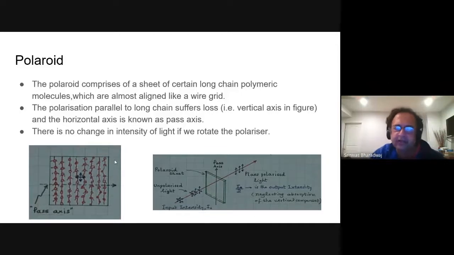On one side of the sheet, you have unpolarized light. On the other side, you have plane polarized light, which is confined to a certain plane. There is no change in intensity if we rotate the polarizer. Polarization parallel to the long chain suffers loss, and the horizontal is known as the pass axis.